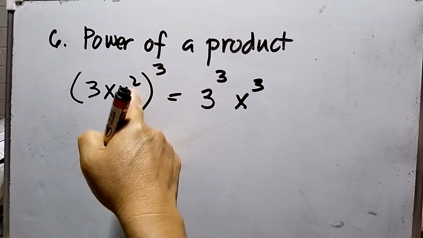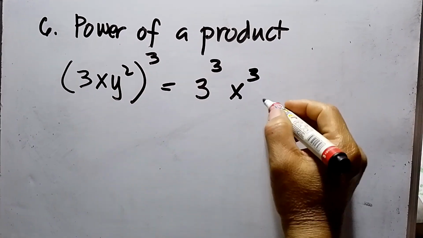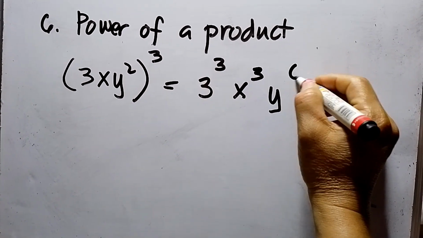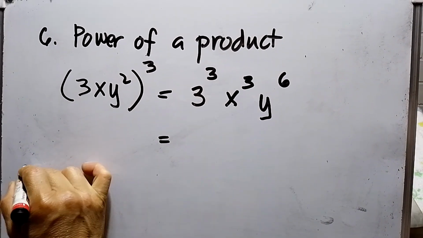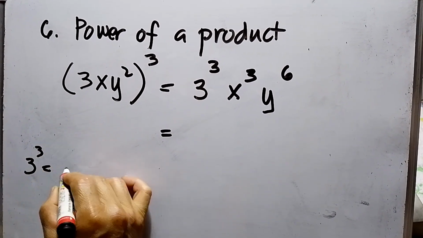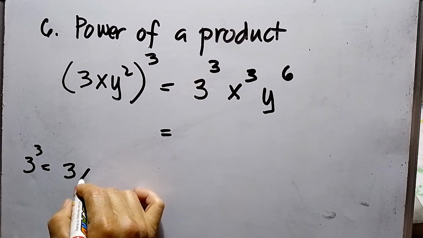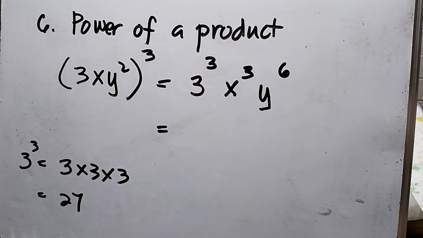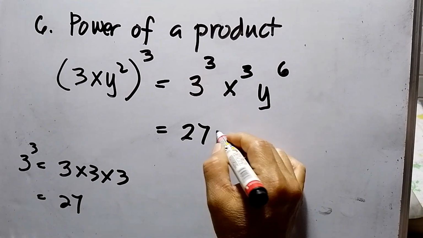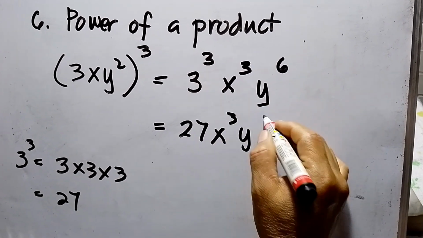And then multiply these exponents, so this will be y to the 6. And what is 3 to the third power? Meaning multiply itself 3 times, so this is 27. So this is 27 x cubed y to the 6.